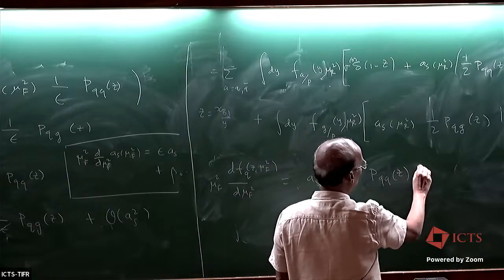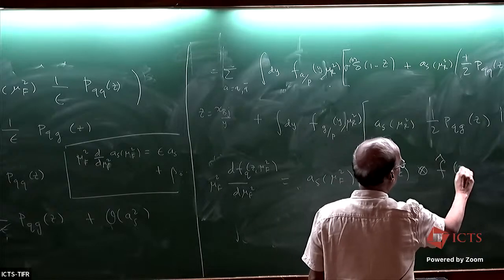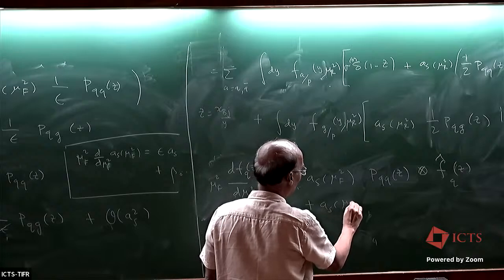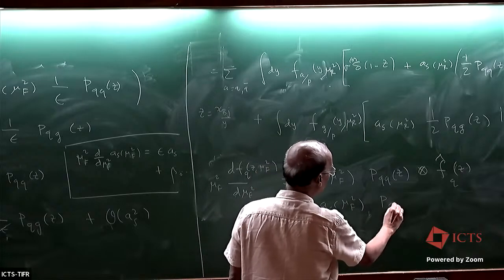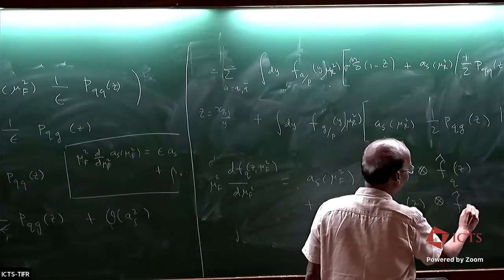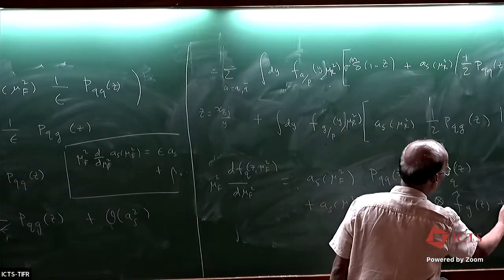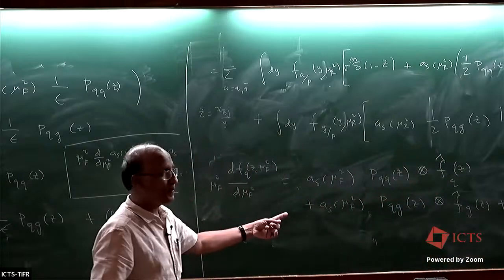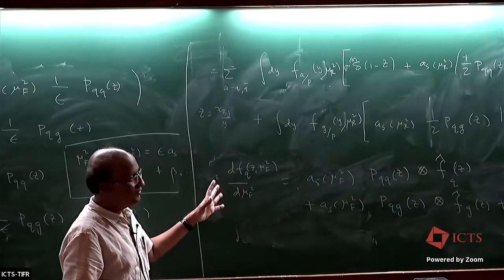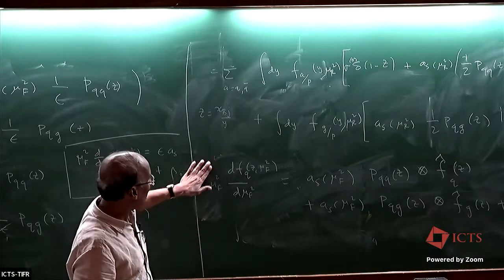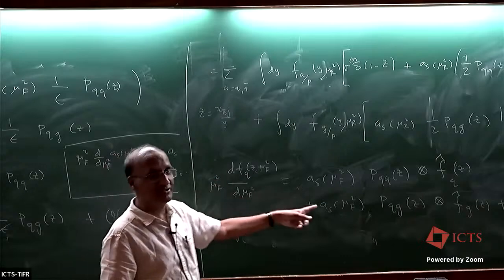The epsilon dependency is gone actually now. Plus alpha_s(mu_f^2) P_qg(z) f_g(z) plus order alpha_s squared. This is what you get, a differential equation which looks very similar to the renormalization group equation. This tells you how it evolves.